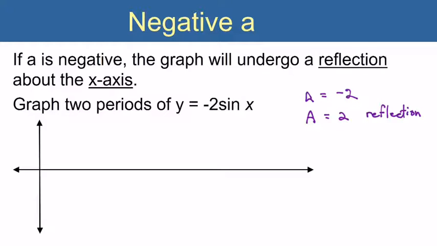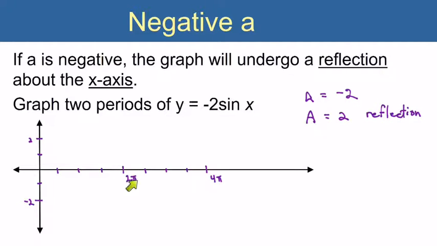Okay, let's go ahead and get our axes set up. The vertical axis needs to be labeled from -2 to +2 because of the amplitude. And the horizontal axis, because our period is still 2 pi, will be labeled with a starting mark on the origin, and then 1, 2, 3, 4 evenly spaced marks, and this will be the end of the first period.